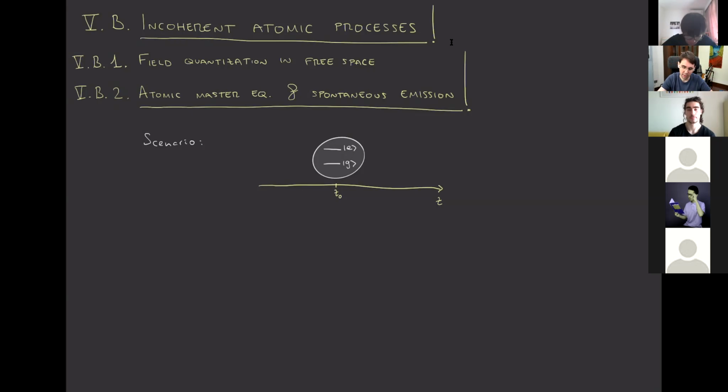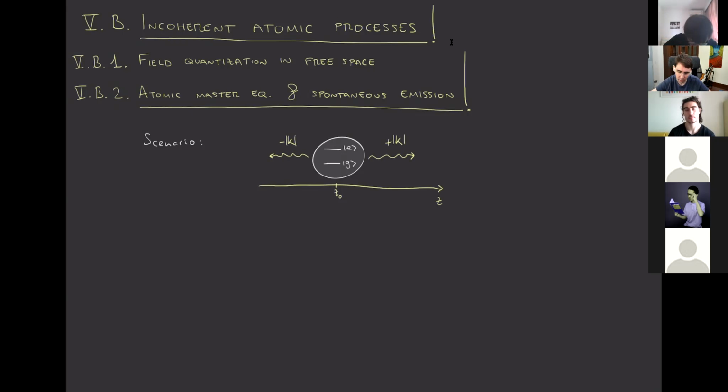So in principle, the atom is interacting with the electromagnetic modes that are all around the atom, okay? We are in free space, so we have all the possible modes. If you take the plane wave basis, you will have modes that are propagating to the right, with positive wave vector, and modes propagating to the left, with negative wave vector, let's say +k and -k.